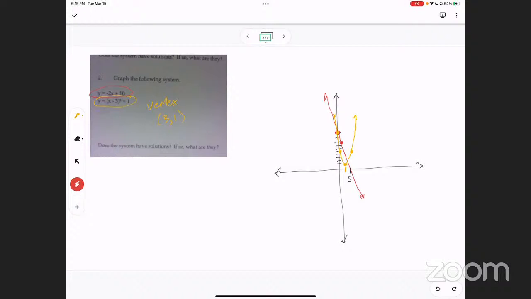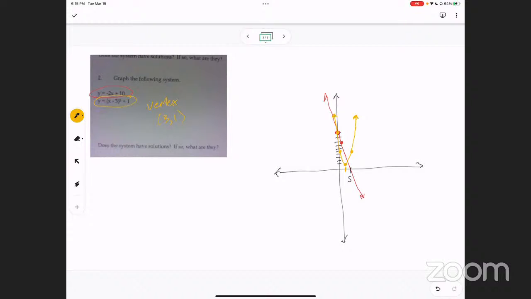Oh, actually it is pretty too. That point happens to be right on 4,2, I believe. Because if I plug in 4 for X in both of them, I get 2 for Y. 4,2. So that point is actually pretty as well. Usually it doesn't work out that nicely for you in the real world, just so you know.